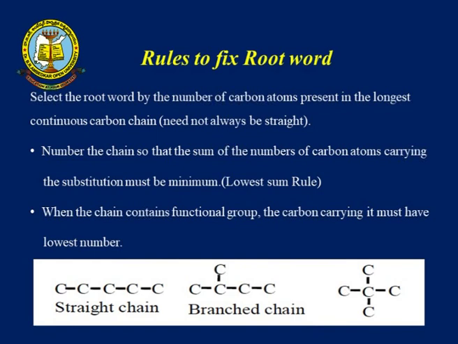From this side if you count, it is getting 2. From this side, it is getting 3 as the number. Therefore, the minimum number for the substituent has to be selected. Therefore, the numbering starts from this side, 1, 2, 3, 4. So, that is the rule for fixing the root word.